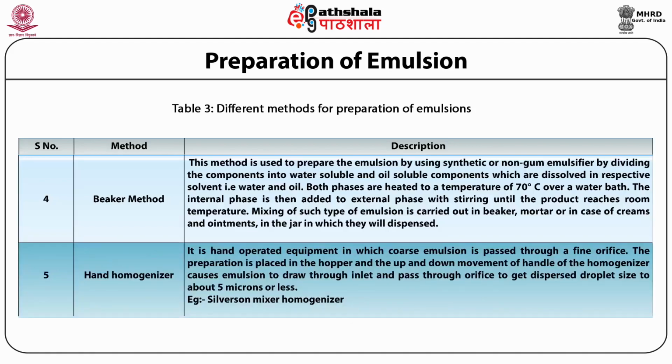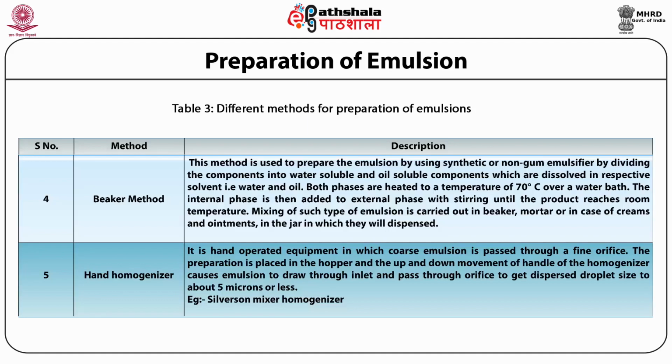Number 5 is the hand homogenizer. It is hand-operated equipment in which the coarse emulsion is passed through a fine orifice.